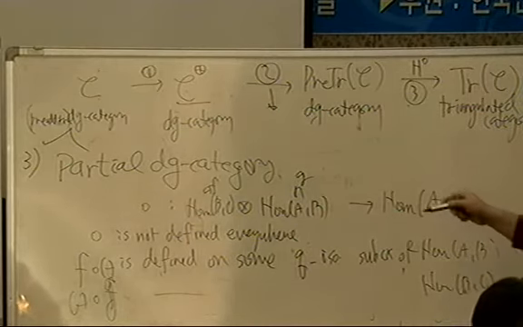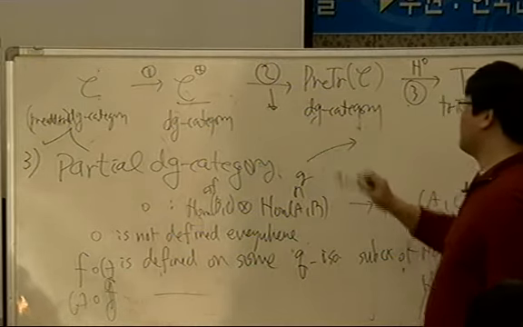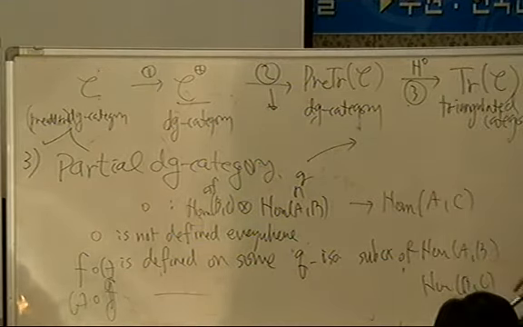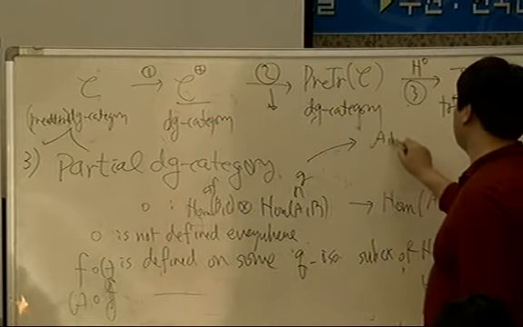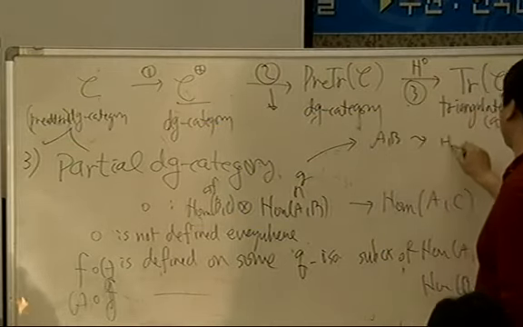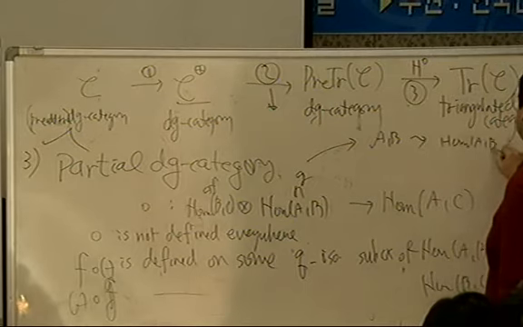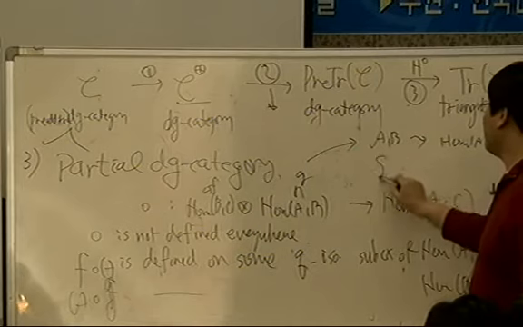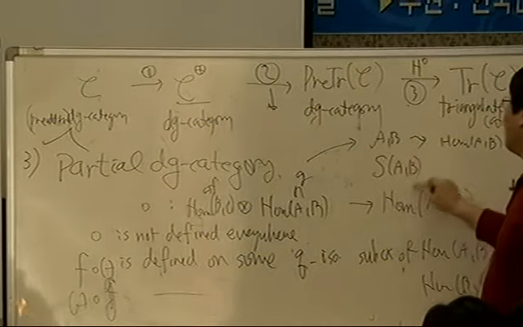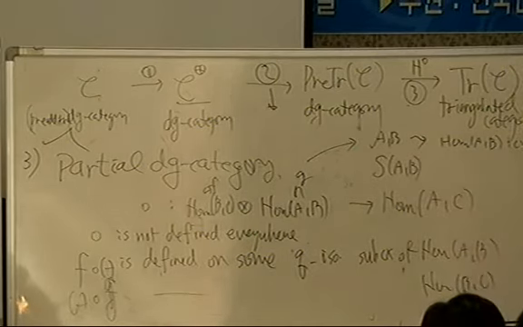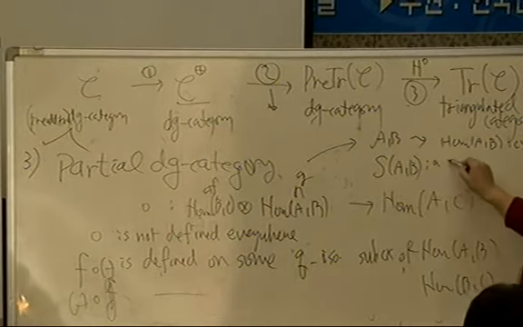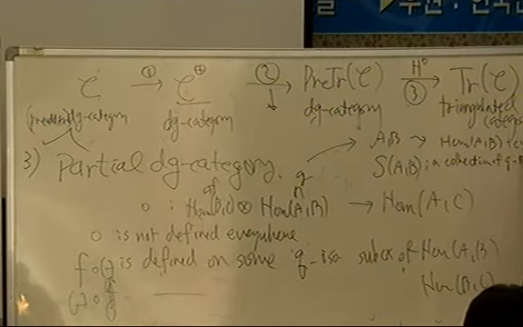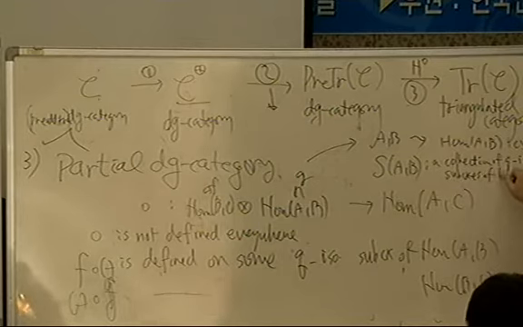So actually, in the definition of a partial DG category, we actually give this. For each object A and B, first of all, we have this Hom(A,B), which is a complex, just like a DG category. But we also associate a collection S_AB of certain quasi-isomorphic subcomplexes of this Hom(A,B).